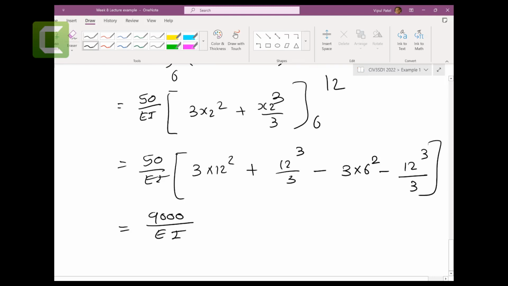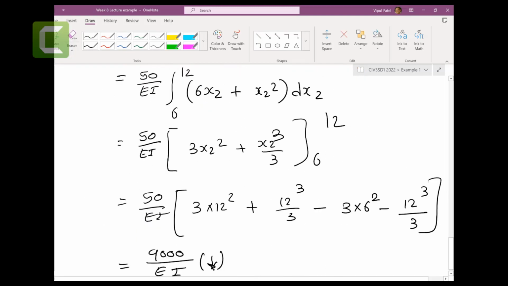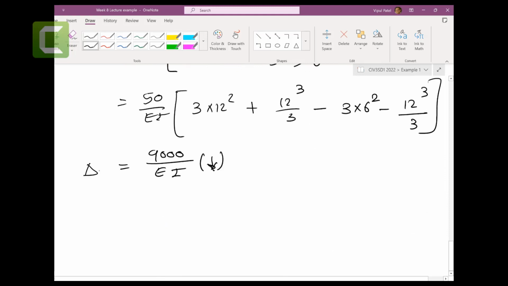So 9,000 over EI, and that's the displacement coming down. I can show you in the workshops where I got it wrong, so you will have the full picture. In the breaks I will find it out. So let's say delta B is 9,000 over EI. Okay, there is some calculus that I screwed up.